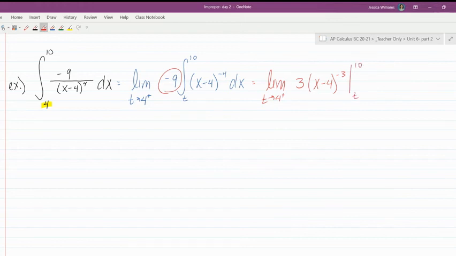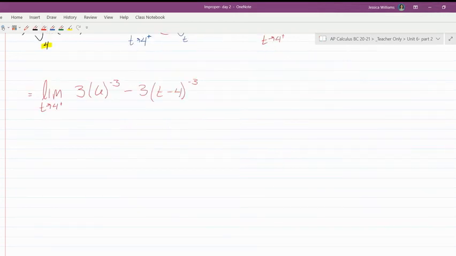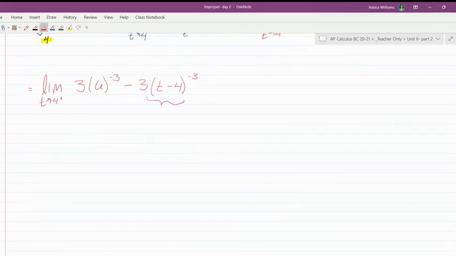So this will be limit t to 4 on the right. I'm going to have 3 times 6 to the negative 3 minus 3 times t minus 4 to the negative 3. And let's go talk about this limit.